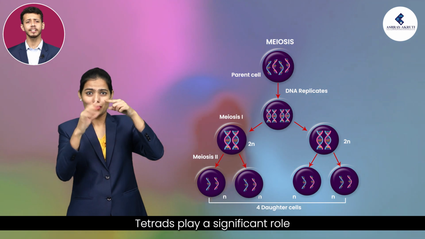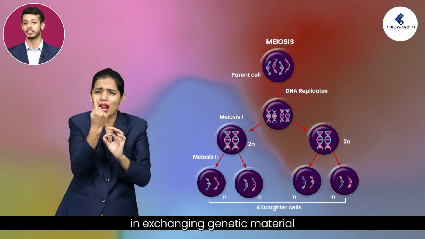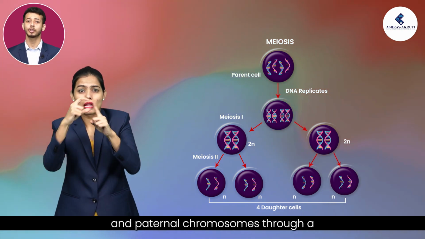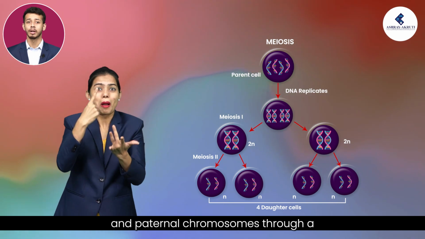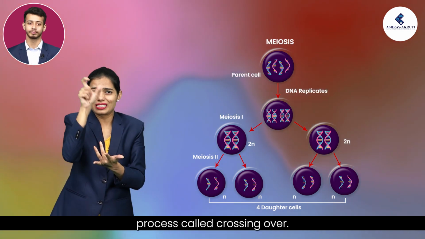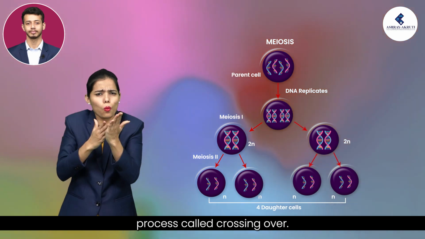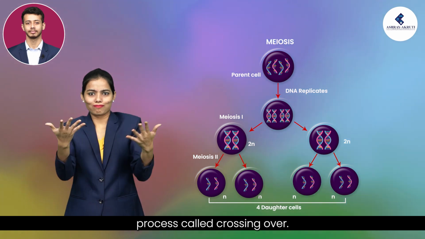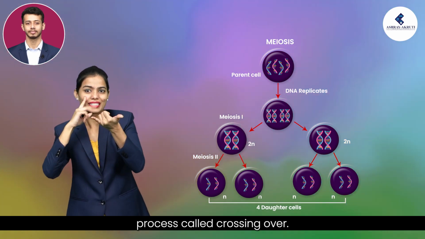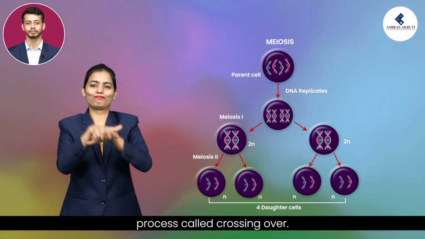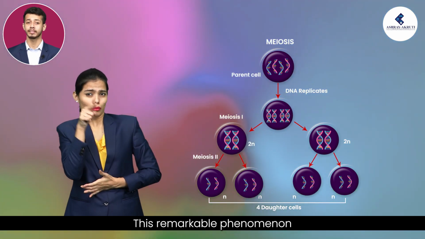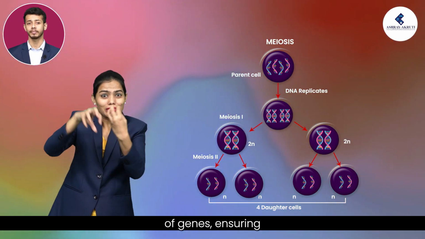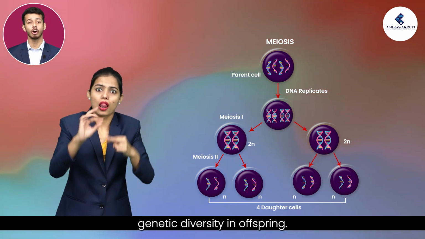Tetrads play a significant role in exchanging genetic material between maternal and paternal chromosomes through a process called crossing over. This remarkable phenomenon introduces new combinations of genes, ensuring genetic diversity in offspring.